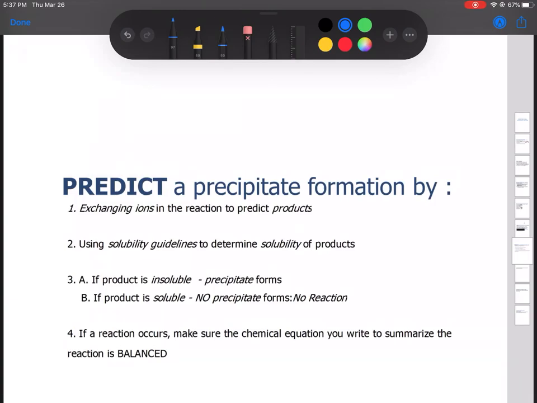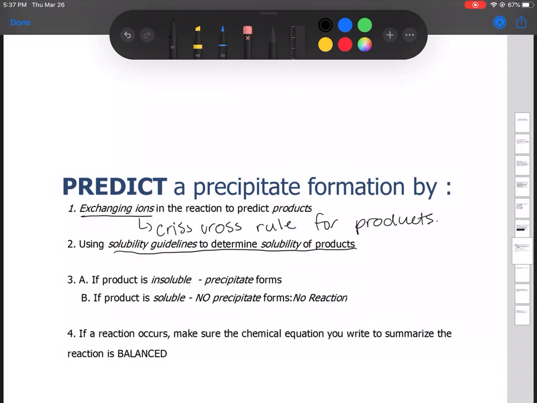First you have to do maybe what you did in grade 10, or pretend like it doesn't even matter yet, the solubility. You have to displace or switch the ions. Then you determine the solubility guidelines. When you exchange the ions, you would have to do the crisscross rule for the products, and follow the rules for compounds.